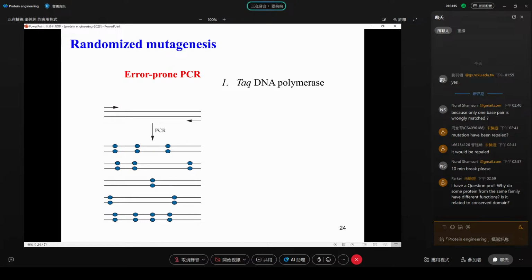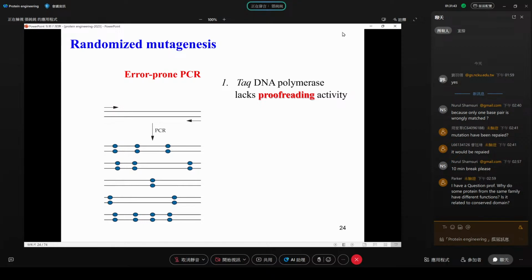Why do they ask for proofreading DNA polymerase? Because they don't want you to make any mistake in your PCR product. But with error-prone PCR, they basically want to randomly generate mutations or wrong residues in your PCR product. So you want to use a Taq DNA polymerase without proofreading activity.